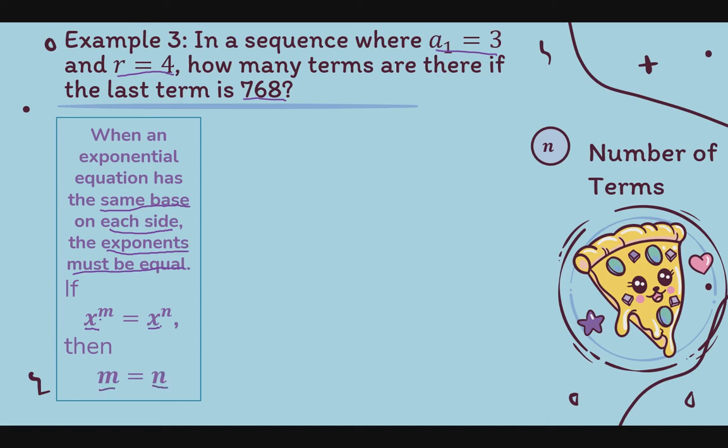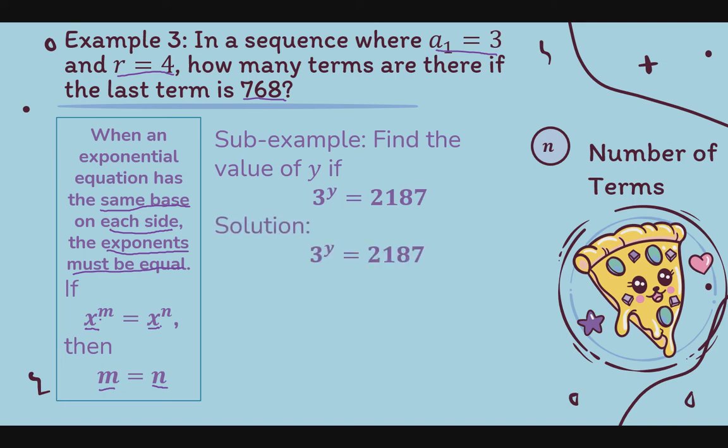Para mas maintindihan natin, let's have this sub-example. Find the value of y. So, meron tayong 3 raised to y is equal to 2,187. Paano natin ito sinasolve? Kailangan ma-convert natin yung 2,187 into an exponential form kung saan ang kanyang base ay equal sa 3.